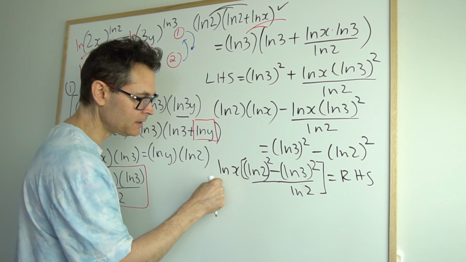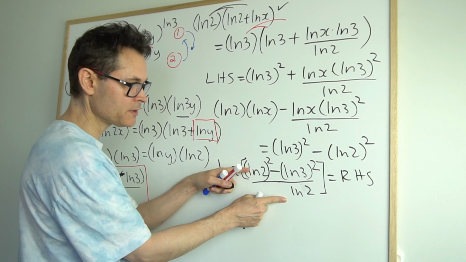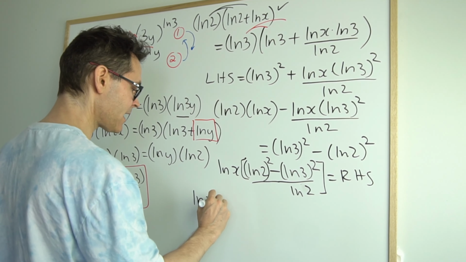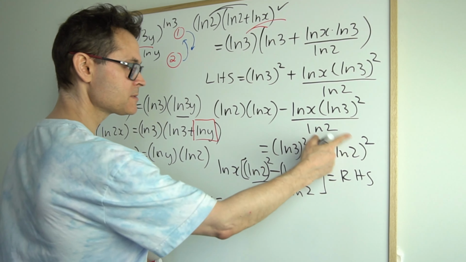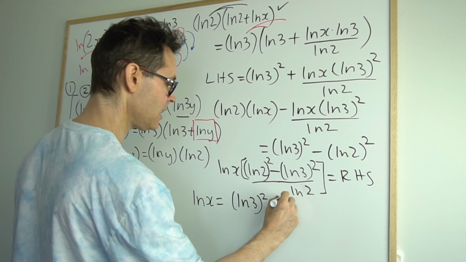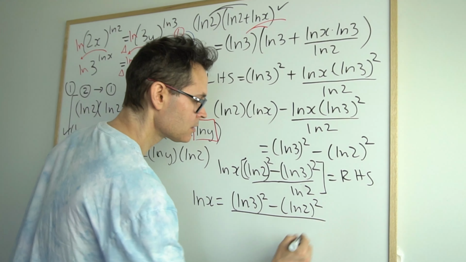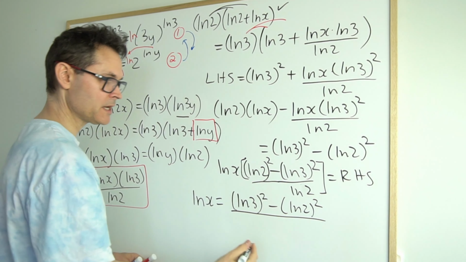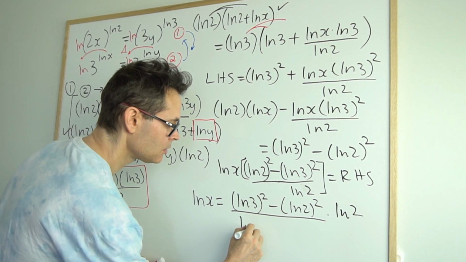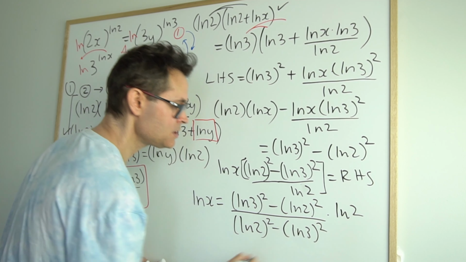I can isolate ln x by multiplying both sides by ln 2 over this, basically the reciprocal of this. So that gives me the ln of x equals, well, there's my right-hand side, the ln of 3 squared minus ln 2 squared over the reciprocal of this, which is going to be the ln of 2 over ln 2 squared minus ln 3 squared.